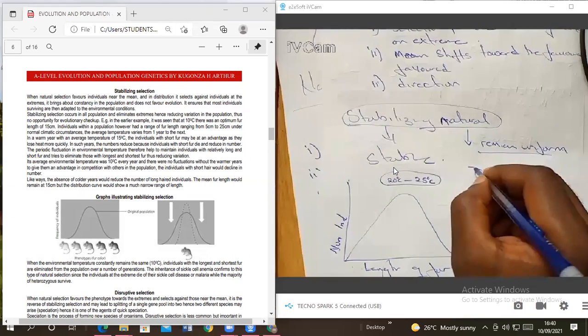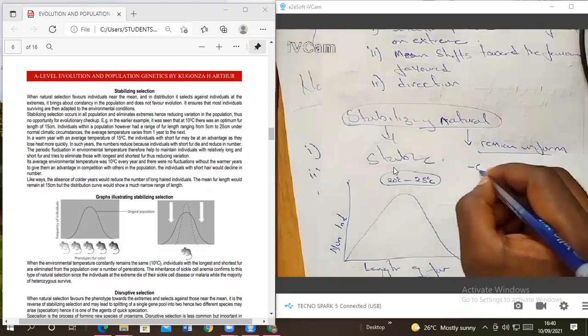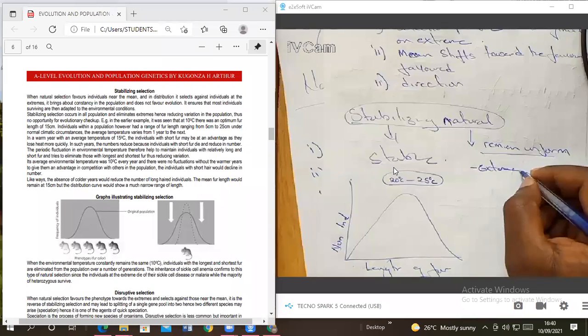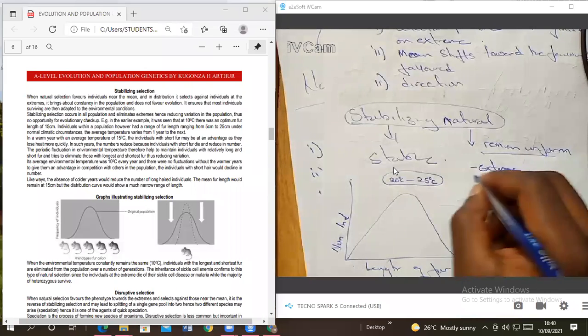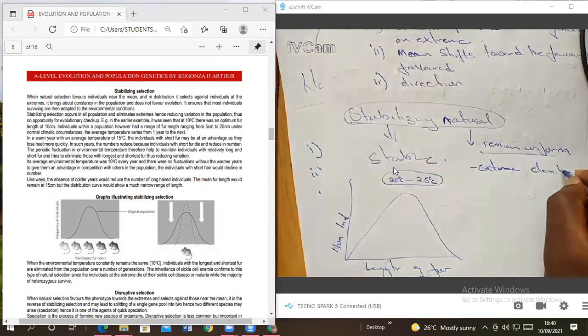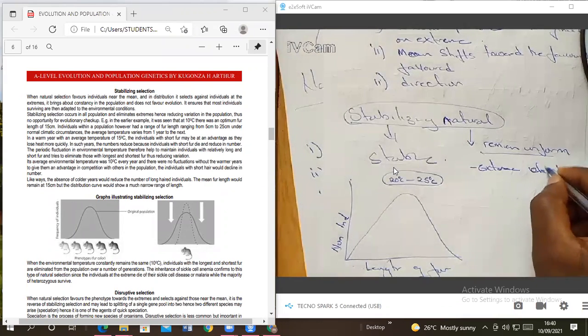Here, it is the extremes, individuals with extreme characters, which are eliminated, which are unfavored.